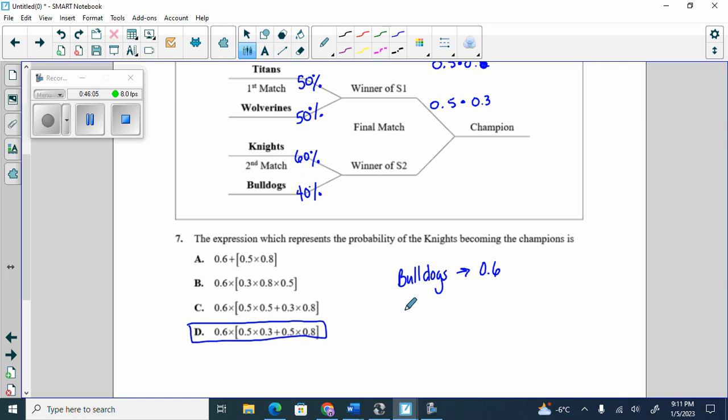And then they have to either beat the Titans or the Wolverines. In order to beat the Titans, the Titans have to win, which is 0.5, and then the Knights have to win, which is 0.8. And then if we have the Bulldogs, it's 0.5 times 0.3, which is C.